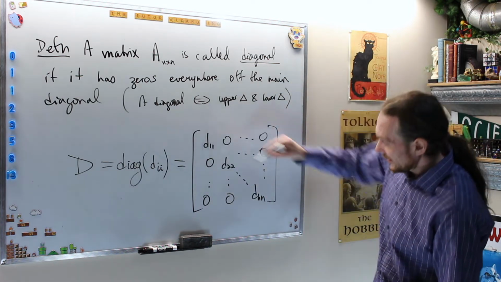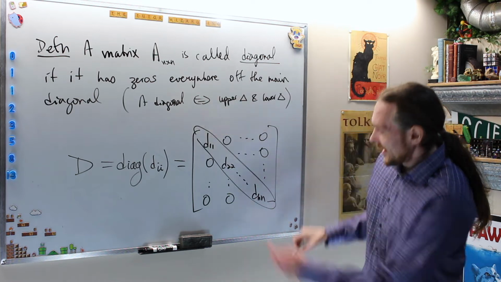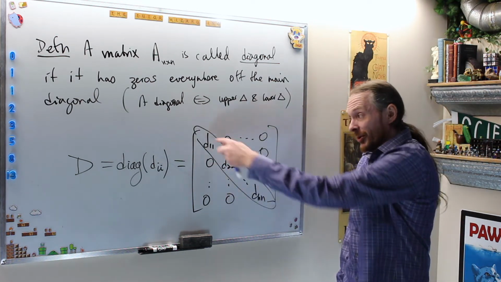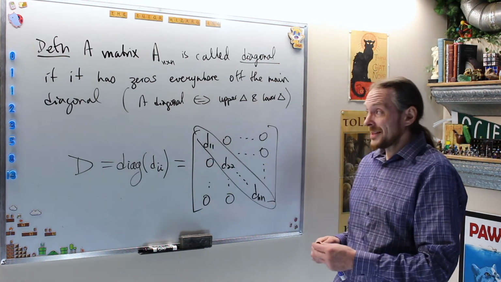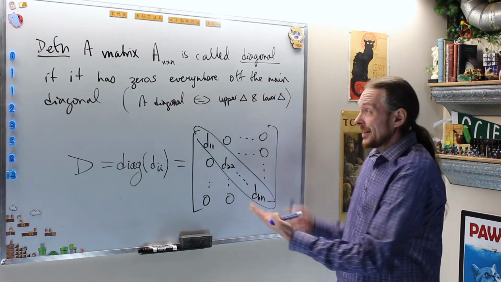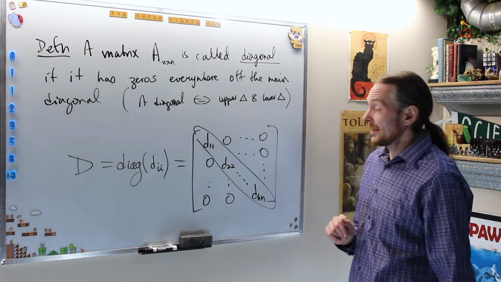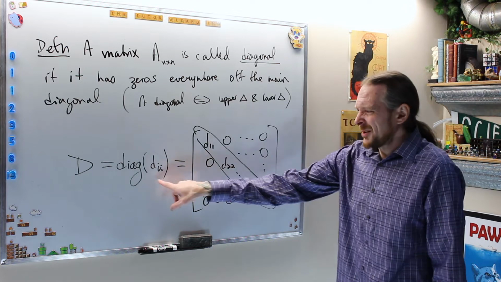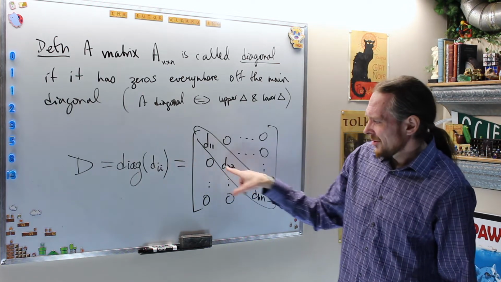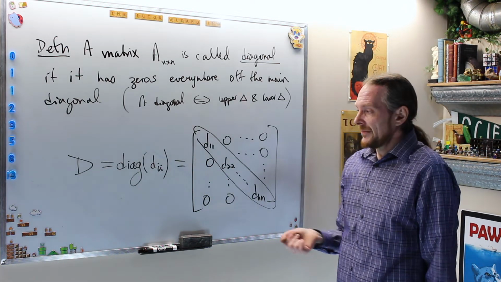So this is a diagonal matrix. Coincidentally, some of these can be zeros. It didn't say anything about those being zeros on the diagonal. All they said was you have to have zeros everywhere not on the main diagonal. This is the notation they use to say that the ii entry will be these entries for diagonal matrices.